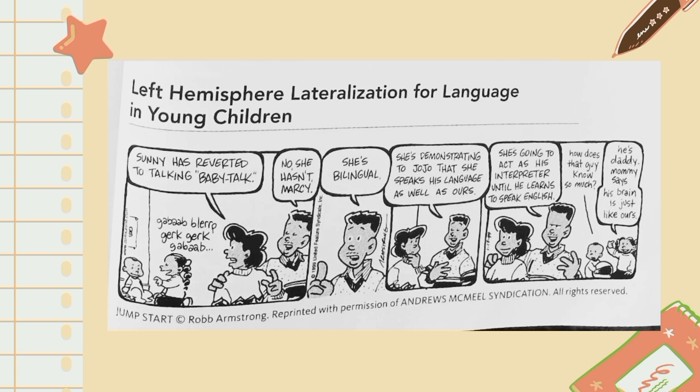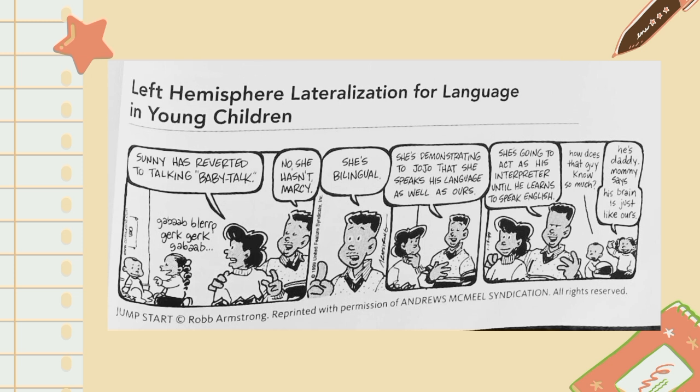While panel 2 addresses the misconception that a child not speaking fluently is not developing language skills. The third panel shows a child who is bilingual, highlighting the brain's capacity to handle multiple languages.